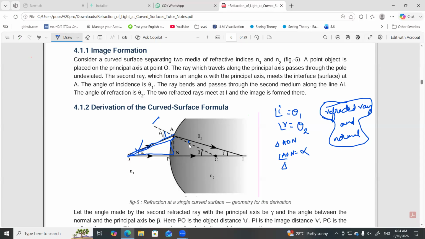Now the second triangle, triangle ACP, the angle at C is beta. Can you guess the third triangle? AIP. That's it. Now the angle at AIP is gamma.